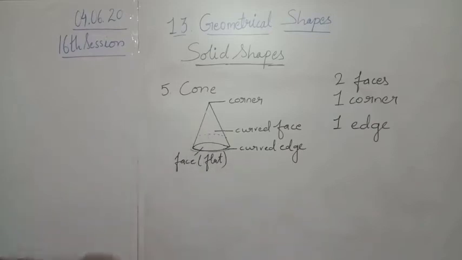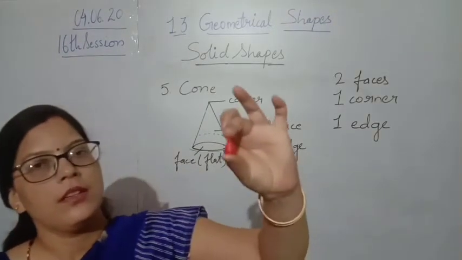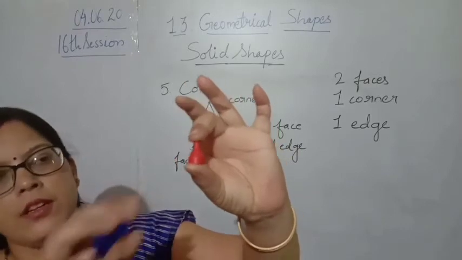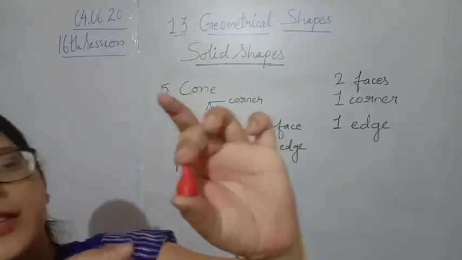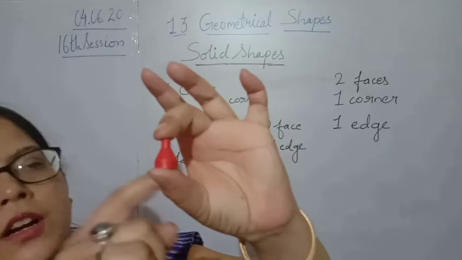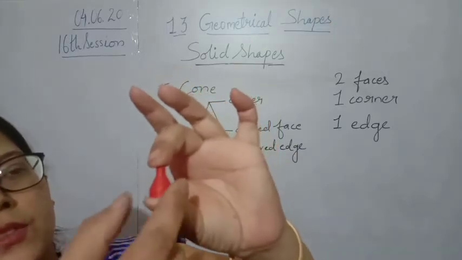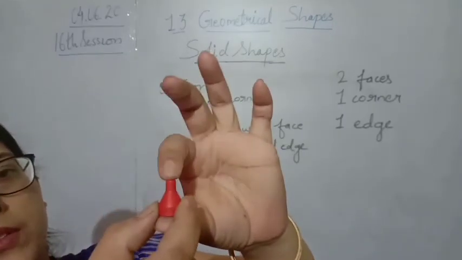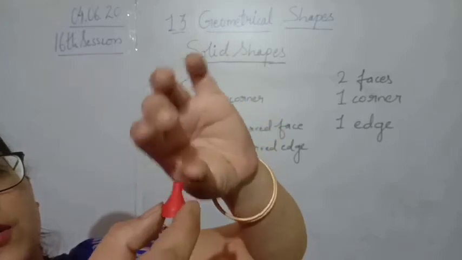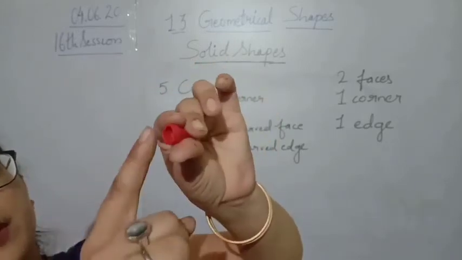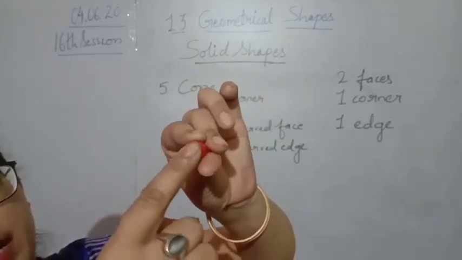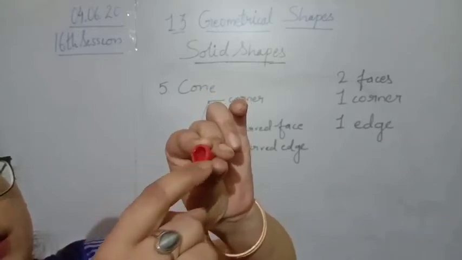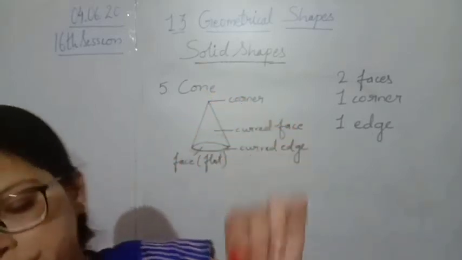Now here I have 2 objects. See here, this object has one curved face. This is the top. We can say it is a corner. It has one flat face, and this is the edge. Clear?